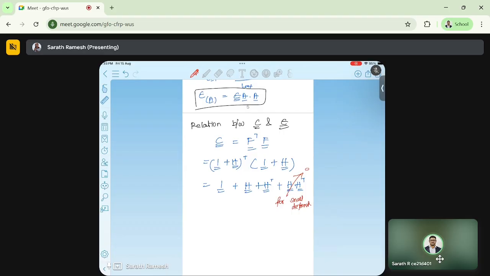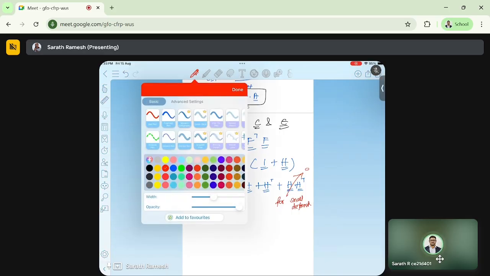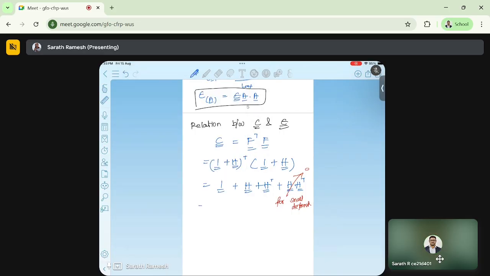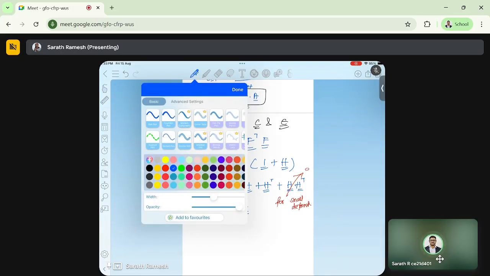This is an assumption that we are making. So further, using the definition of epsilon, we can write this as I plus 2 times epsilon. So this is the relationship between C and epsilon.